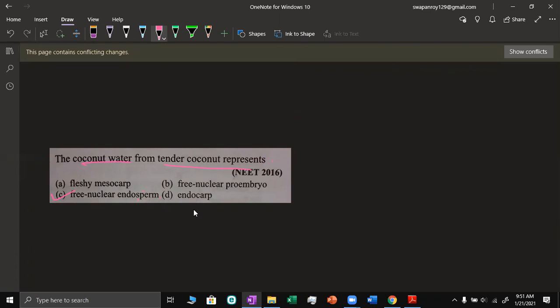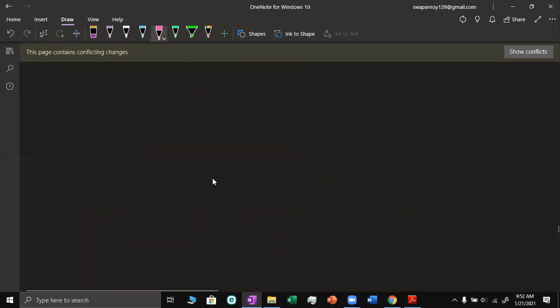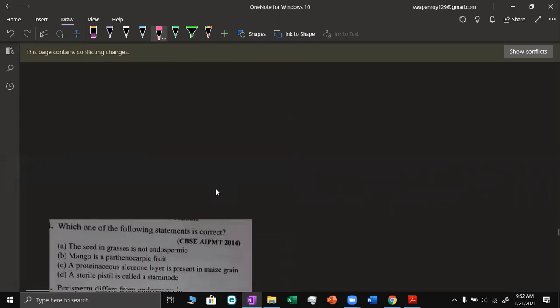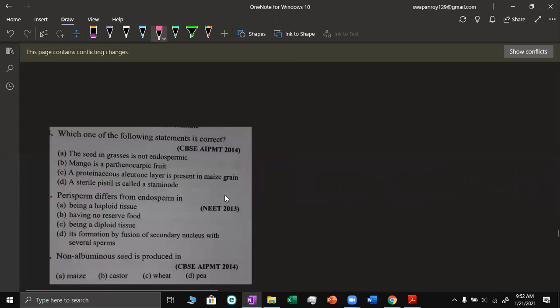When it is tender coconut, it is completely free nuclear. After that, cellularization, the cell formation, takes place, and then the hard portion is formed. Of course, this is not in the NCERT book.